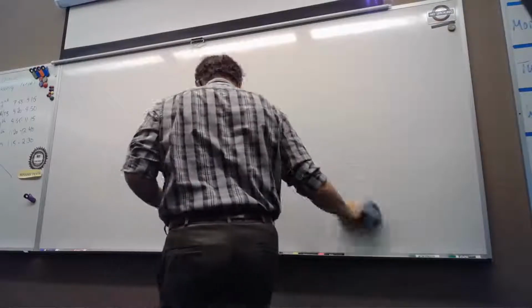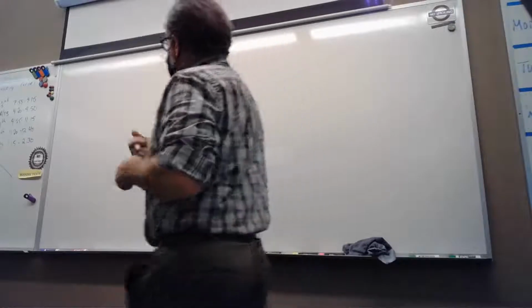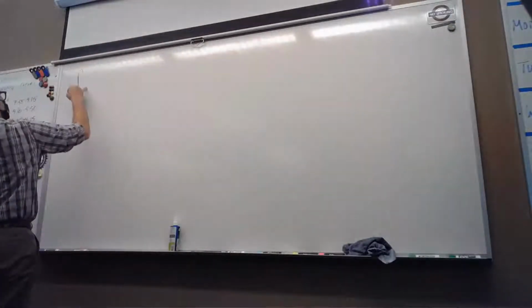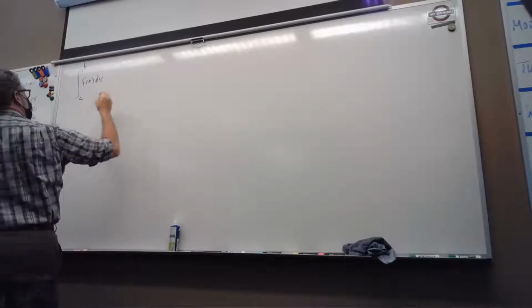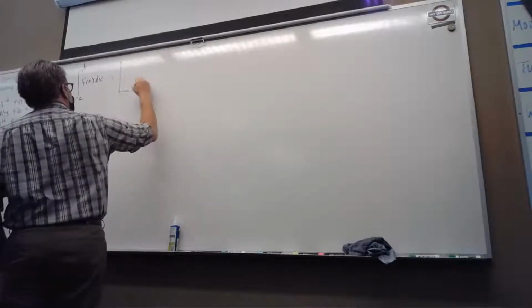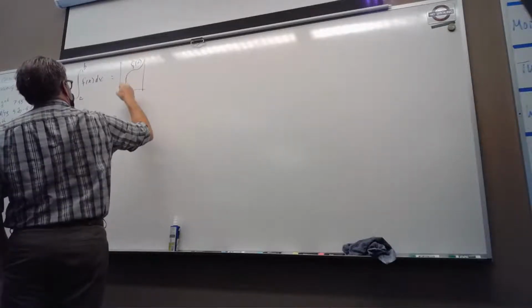All right, we're gonna change up our notation a little bit. Because we said the integral from a to b of f of x dx is the area under the curve f of x from a to b.